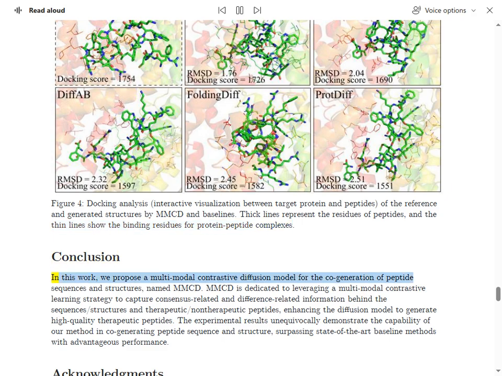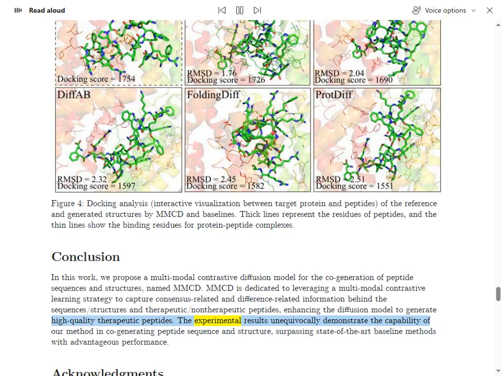Conclusion. In this work, we propose a multimodal contrastive diffusion model for the co-generation of peptide sequences and structures, named MMCD. MMCD is dedicated to leveraging a multimodal contrastive learning strategy to capture consensus-related and difference-related information behind the sequences/structures and therapeutic/non-therapeutic peptides, enhancing the diffusion model to generate high-quality therapeutic peptides.